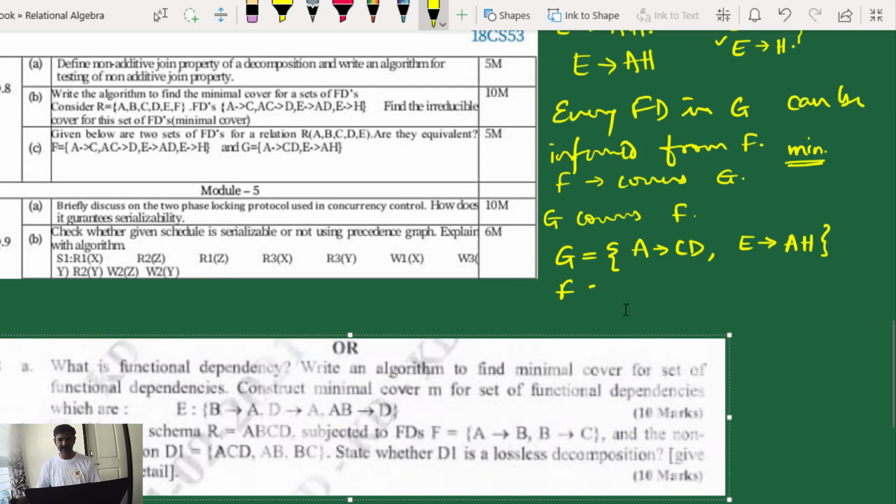So F is given as A arrow C, AC arrow D, E arrow AD, and E arrow H. So as you can see here, we have too many functional dependencies, and can we really derive these functional dependencies from G? Okay, so that is what we have to see.